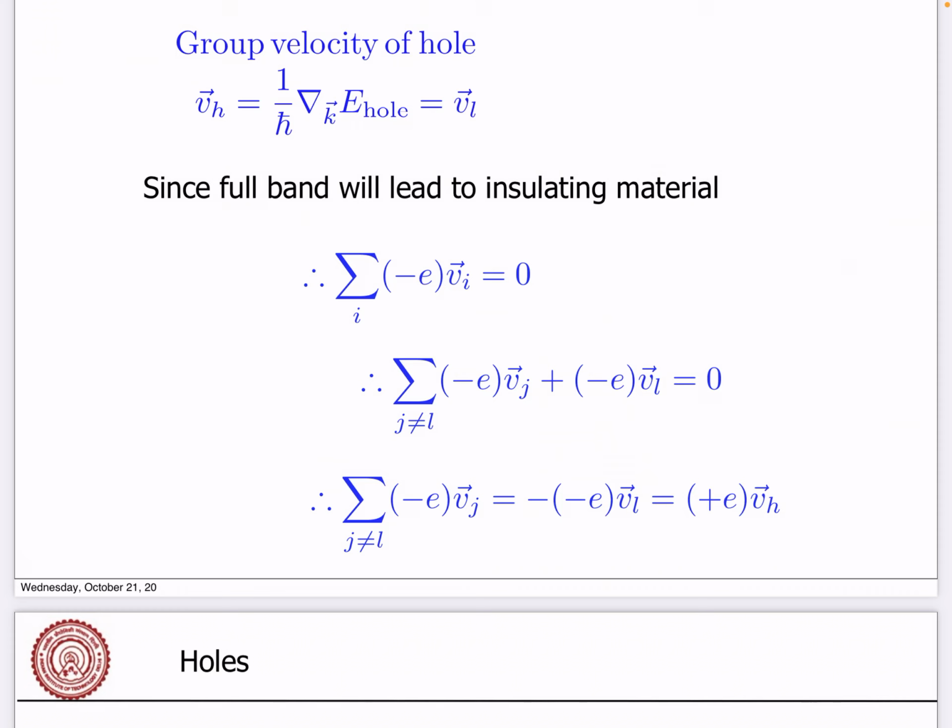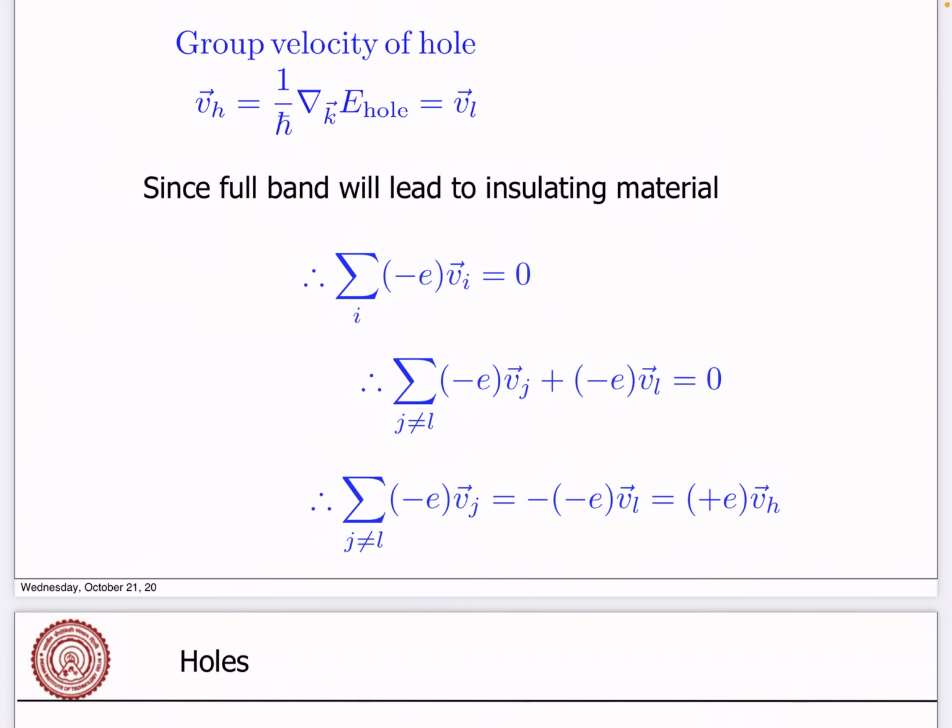So that means it is equal to plus e v_h. Is it clear to you? So the net current is due to the lth electron. Because the lth electron has been removed, a hole state has been created, and this is what we are writing as v_h, right? And v_l equal to v_h we have proved earlier above.